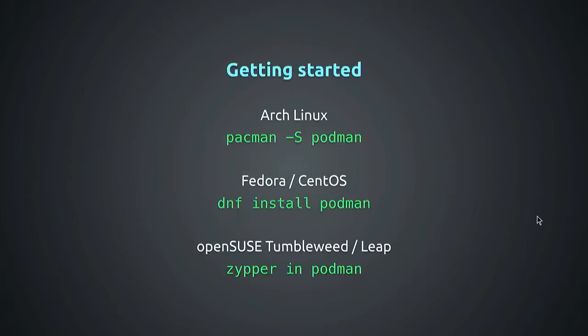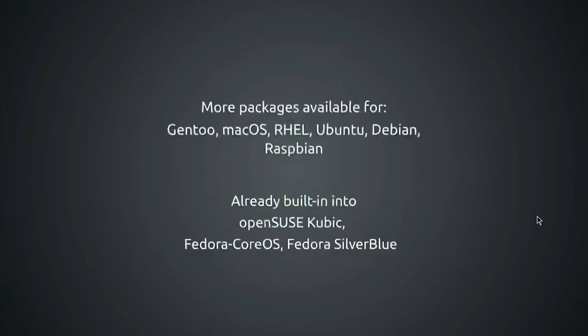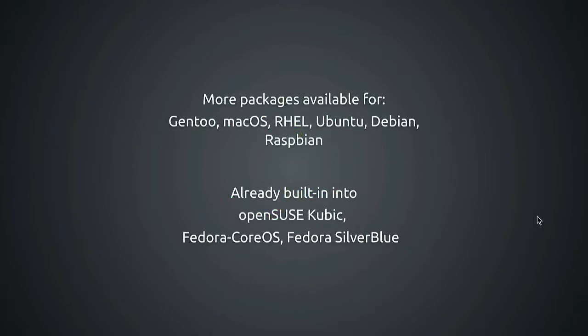If we want to get started with Podman, we usually just have to install the packages. We have packages for Arch Linux, Fedora, and openSUSE distributions, and also for macOS, RHEL, Ubuntu, Raspbian, and it's already built into openSUSE Kubic and Fedora CoreOS as well.